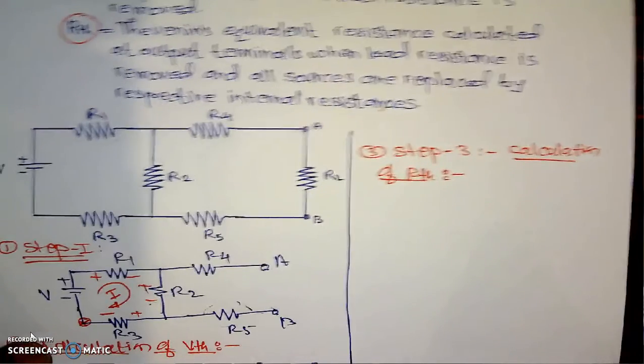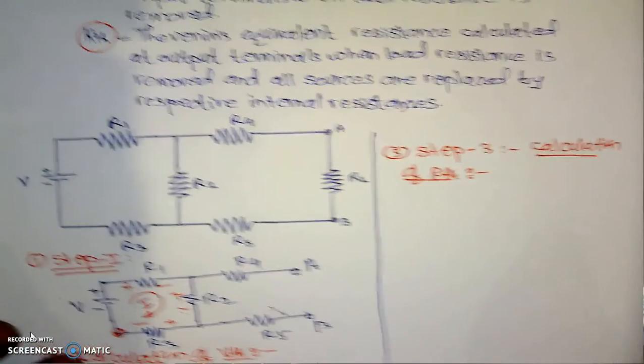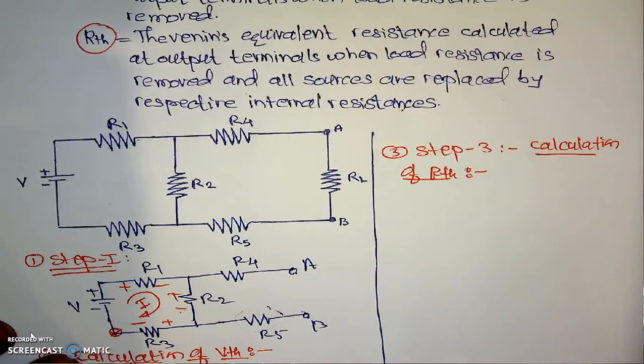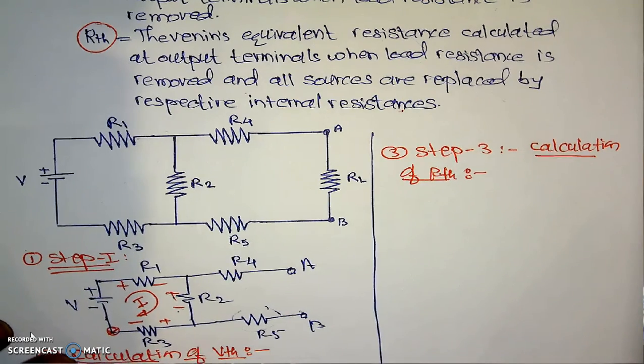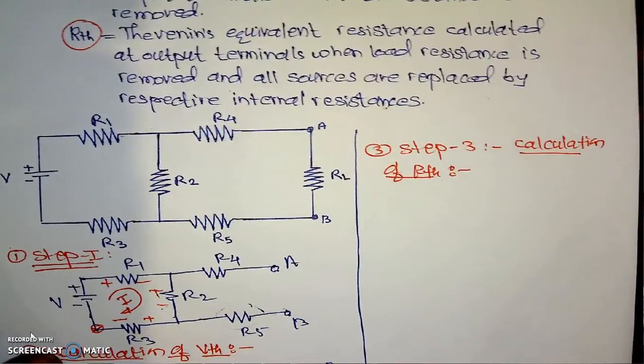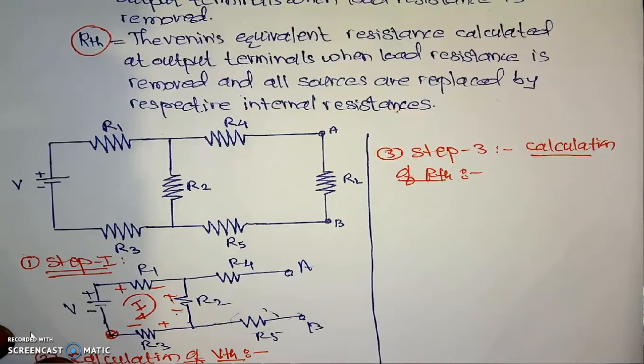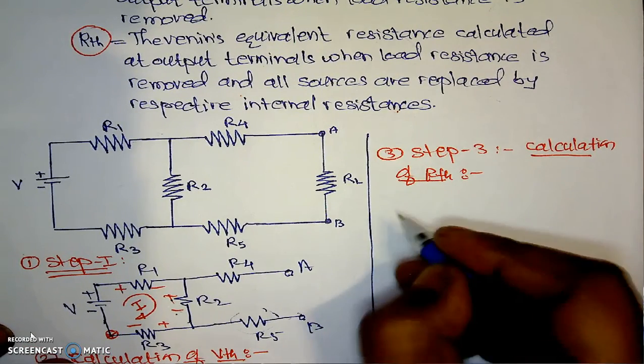Meaning here, if I come to this figure, if this load resistance is removed, something like this, and all sources available in this particular figure, which is V only, are replaced by their respective internal resistances, we are able to calculate the value of RTH. Here the calculation will be something like this.